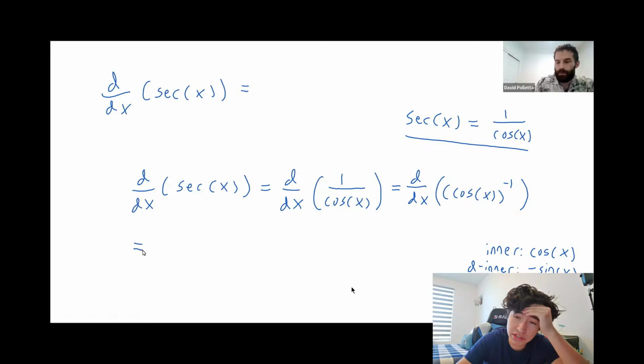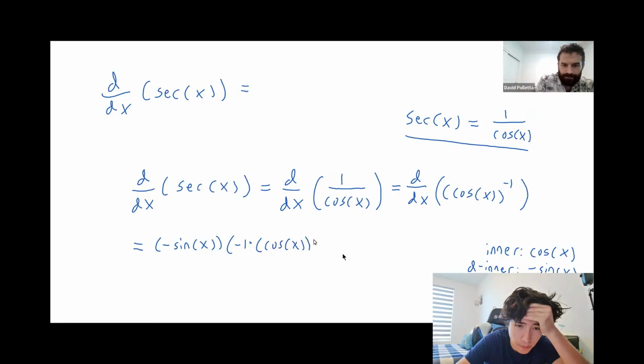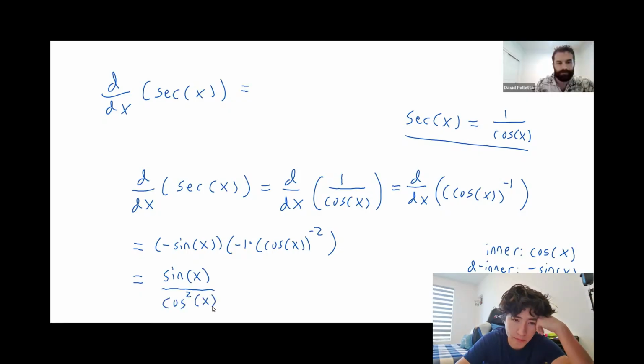Negative sine of x times negative 1 times cosine of x to the power of negative 2. Yes. Yeah, negative positive. Oh, cool.